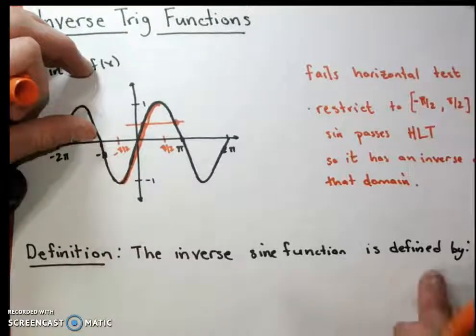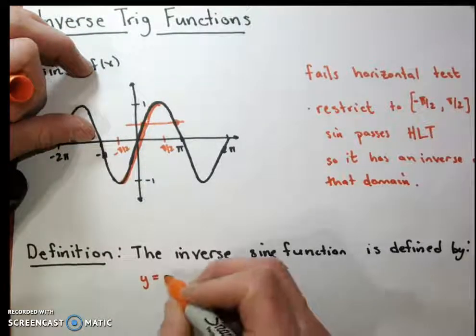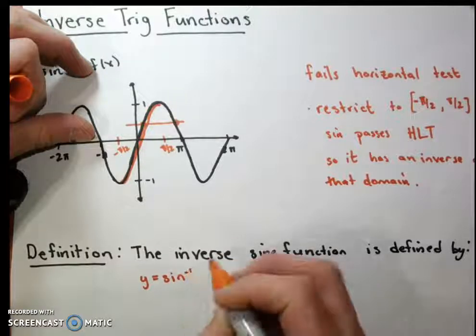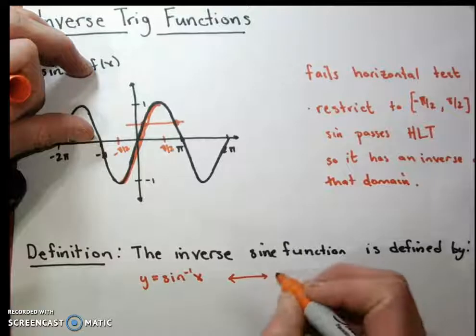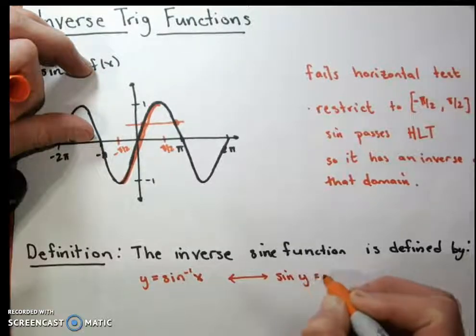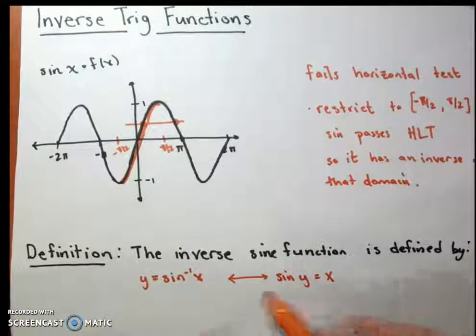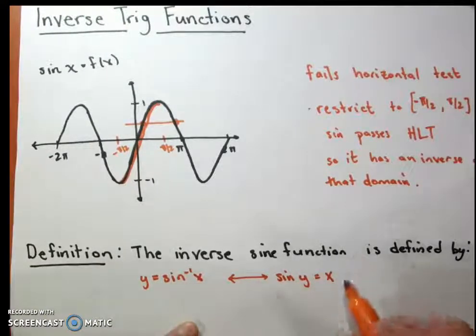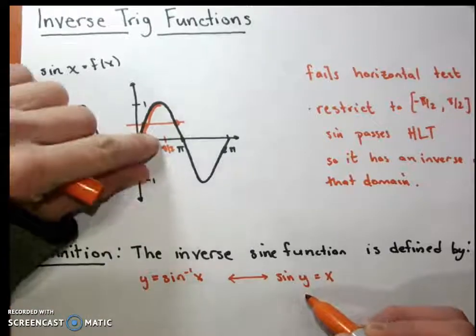The inverse sine function is defined by the property that y equals sine inverse of x if and only if sine of y equals x. So you'll remember from our unit on inverse functions that this just says that the x and the y switch roles. So say you plug in pi over 2 into the sine function.